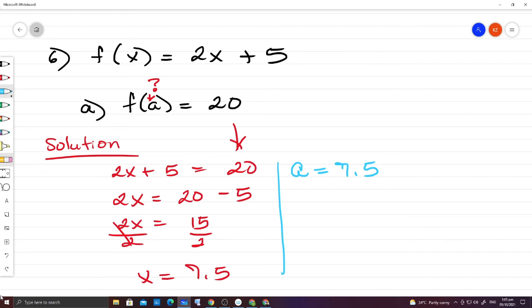To avoid confusion, you can change this to letter A. Anyway, a variable is only a representation. So A is equal to 7.5. If you want to check, 2 times 7.5 is 15, plus 5 is 20.